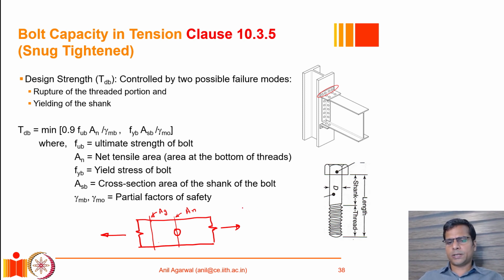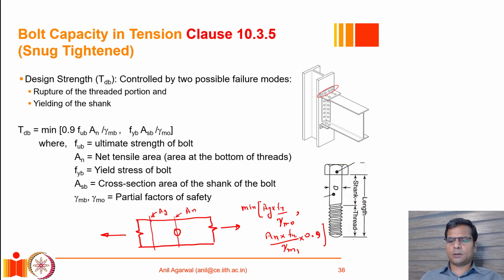So the strength was basically equal to the minimum of AG, gross cross section area, multiplied by Fy divided by gamma m0, that was 1.1, and the other value, that was AN, net cross section, multiplied by Fu divided by gamma m1, and then there was an additional factor of 0.9 that was applied to account for the significant consequences of a rupture type of failure. You might recall that, right?